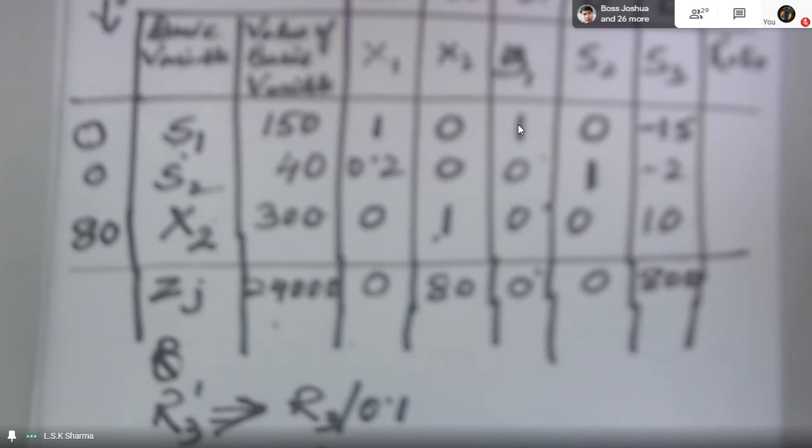Okay, so these are the values that you have, and the last part is Zj minus Cj. Now you subtract from the top row, and how much do you get? 0 minus 50 is minus 50, 80 minus 80, 80 is out here.